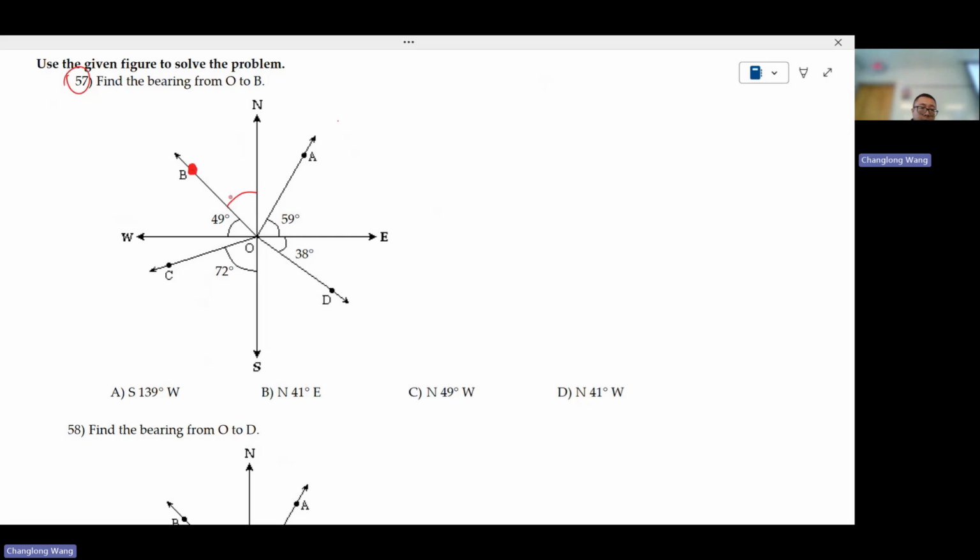Therefore, I need to specify the angle between the north and OB, which is just the complementary of the 49. It'll be 41 degrees between the north and OB. And the bearing will be north, since it's closer to the north: you start from the north, 41 degrees, and you turn into the west. That's all.